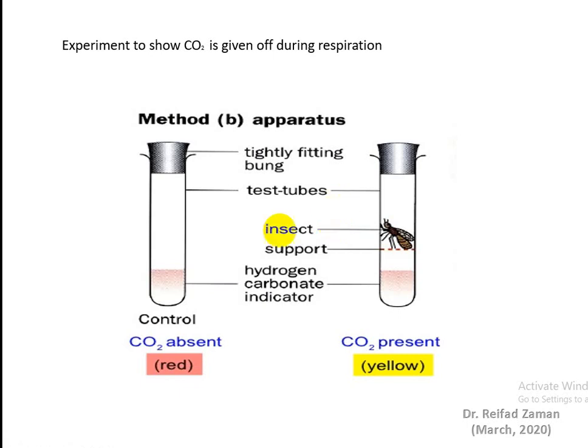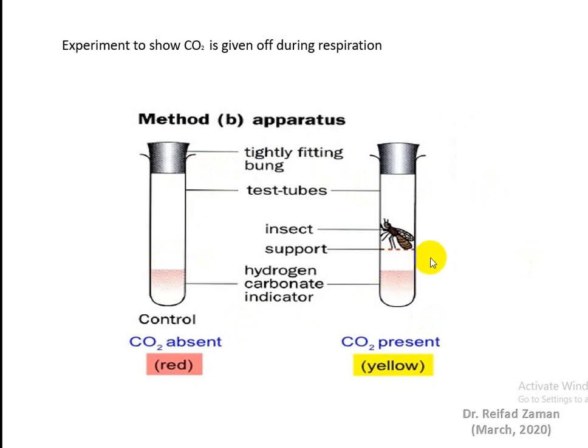If we put bicarbonate indicator in both, initially both will be orange, because in normal air the bicarbonate indicator color is orange. Then we will keep one tube empty, with no organism, and in the other tube we are going to put an insect. We are going to seal both tubes and keep them for a given amount of time.